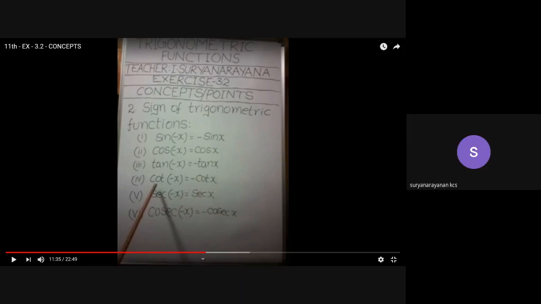Percy, Juice, Rexlin, Nikhil, Benjamin, Richan, each repeats: secant of minus x is equal to secant x. Very good.